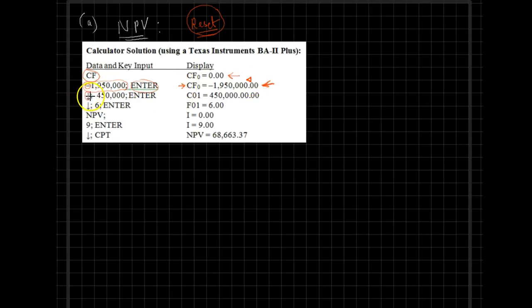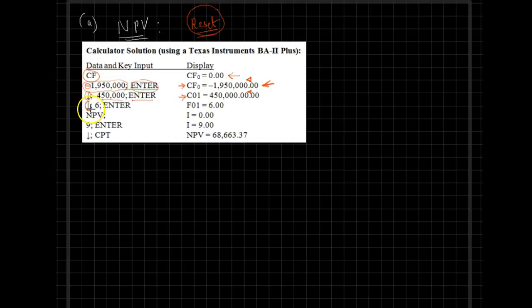Then you press the down key and start entering the free cash flows. We know the amount, so we enter the amount and then we press enter. The display now will present this. Again, you will see a sideways leaning triangle, and then we would have to keep repeating this 6 times.